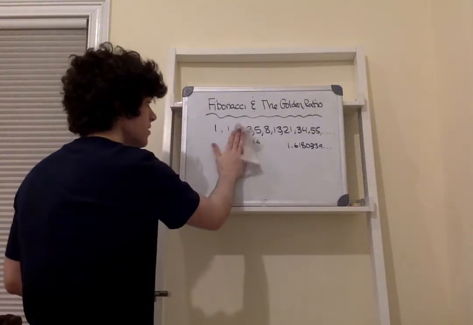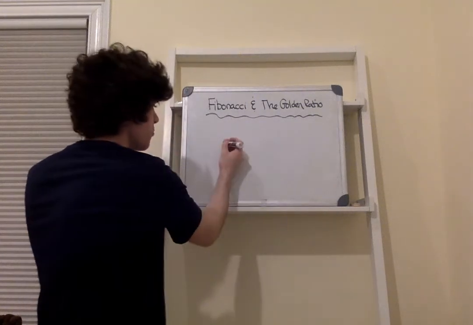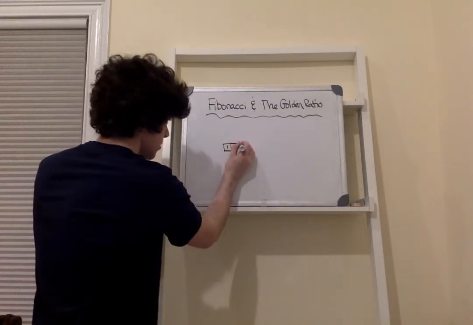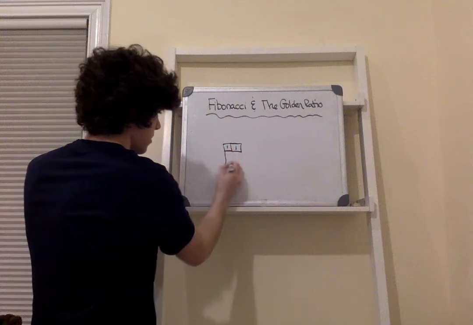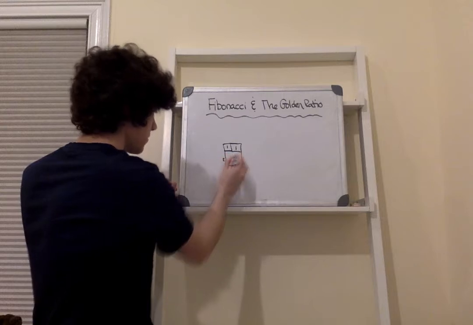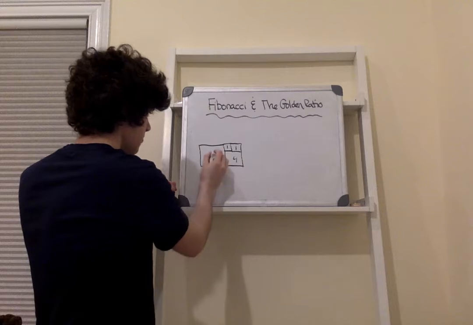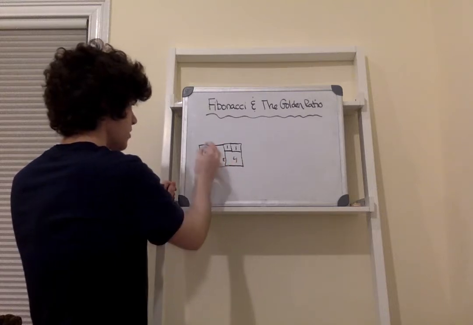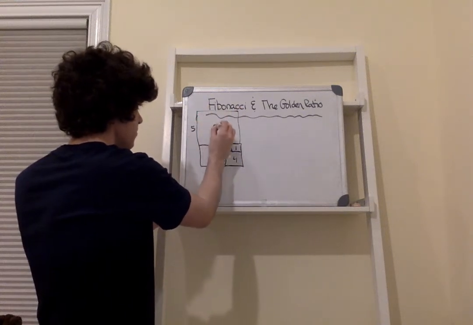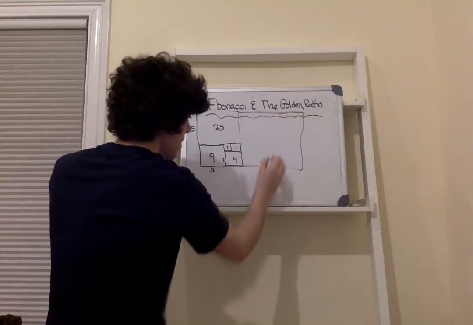Another way of representing the Fibonacci numbers is through rectangles. So if I draw a square with an area of 1, and I draw another square with an area of 1, and then I draw a square with side length 2, so an area of 4, and then a square with side length 3, with an area of 9, and then a square with side length 5, with area 25, and then a square with side length 8, for 64.